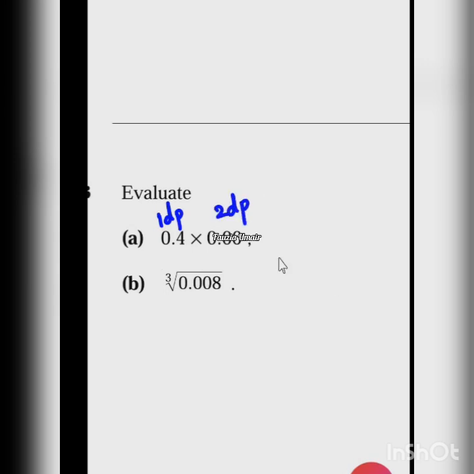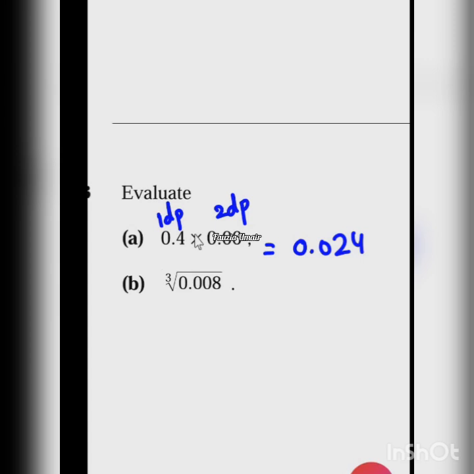So what should be the answer? Multiply the numbers. So the numbers will be 24. So when one decimal place and two decimal places are multiplied together, the answer should be how many decimal places? Three decimal places. So it would be 0.024.